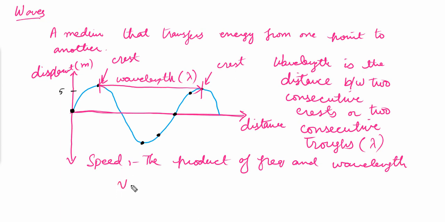So we represent speed with v. So v is equal to f lambda, where f is the frequency, lambda is the wavelength, and v is the speed. The unit for the speed that we use is meters per second.